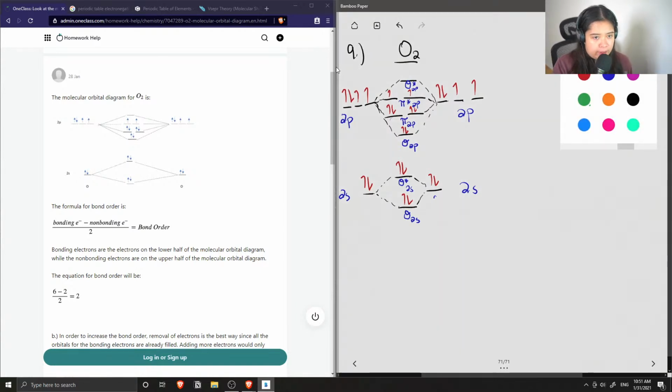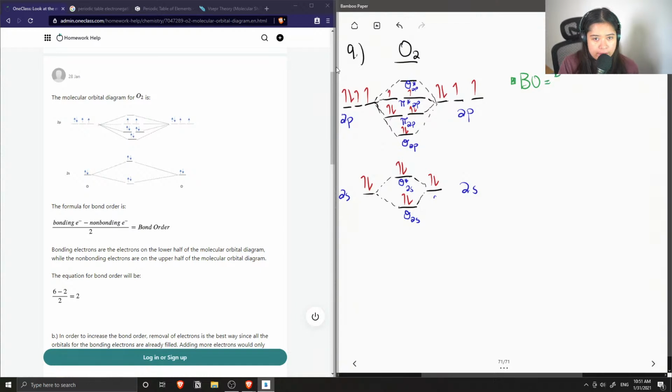So let me write the bond order equation on the right. So bond order is equal to the number of bonding electrons minus the number of anti-bonding electrons, oh, it's cut out, sorry.